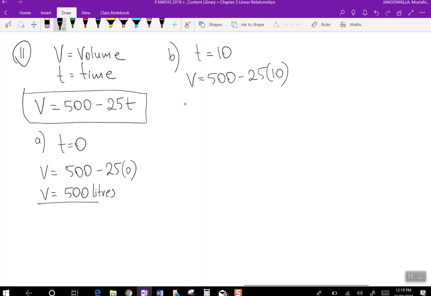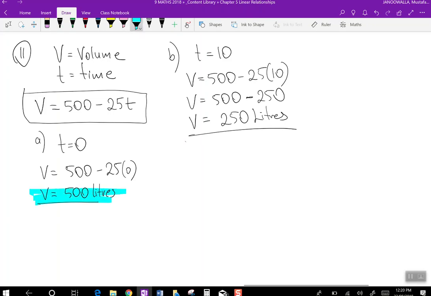So the volume after 10 minutes, if we work it out, we've got 500 minus 250, and your volume is 250 liters. Any questions with that? So that's part A and part B. So basically, after 10 minutes, there's only half the volume left. Okay.